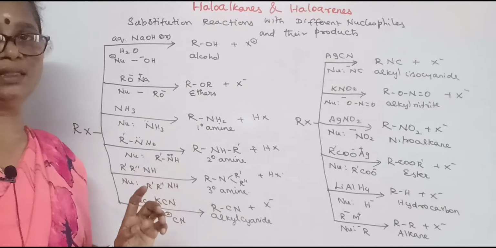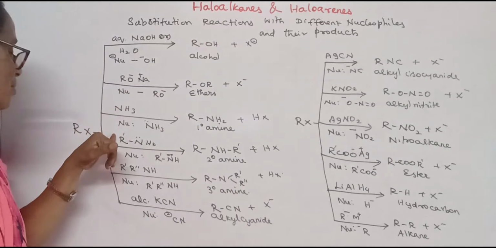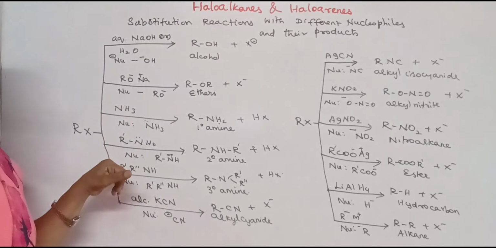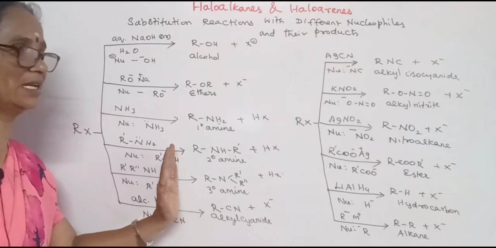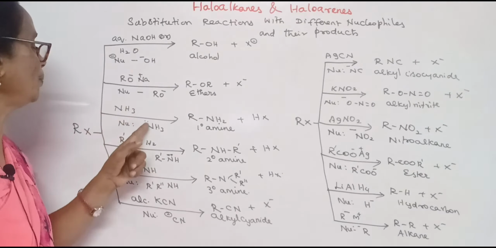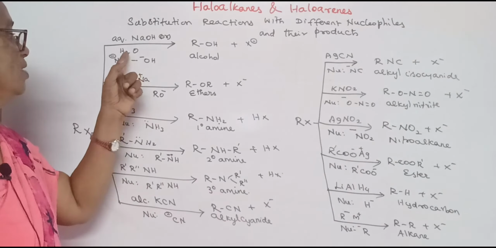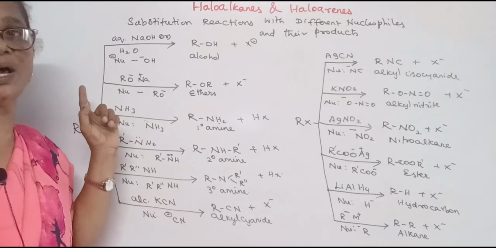So these are ethers. If we have ammonia or primary amine or secondary amine as the nucleophiles, these are all neutral nucleophiles because they have a lone pair of electrons on the nitrogen atom. Just like water, in water also oxygen has a lone pair of electrons.